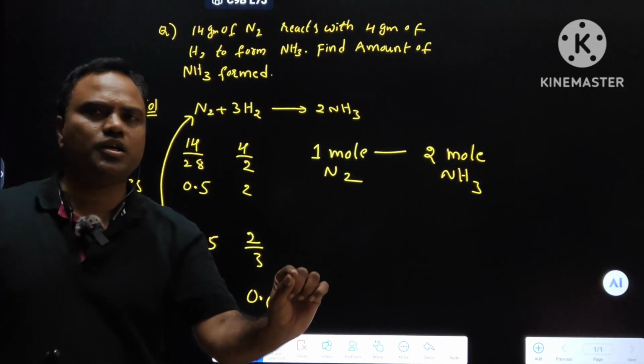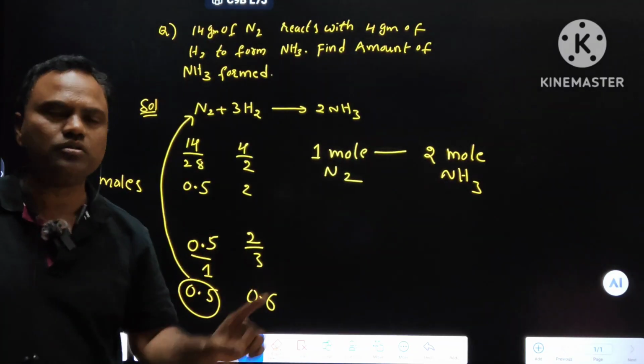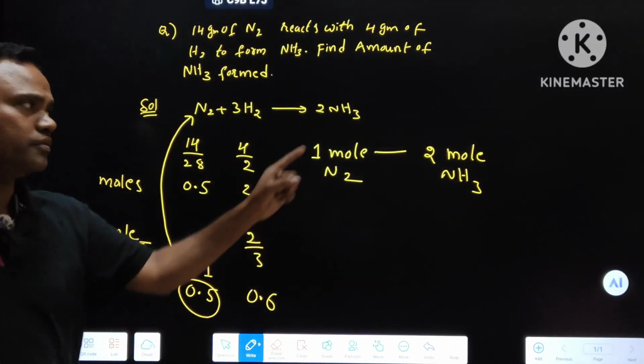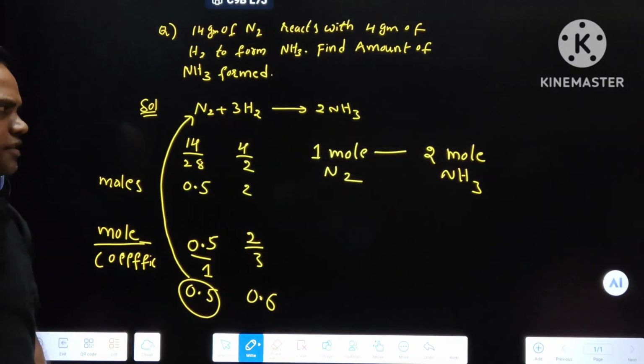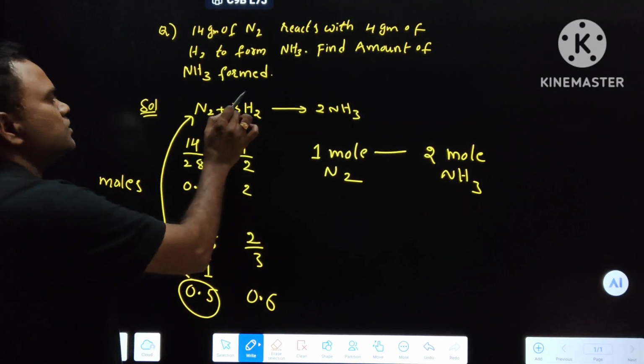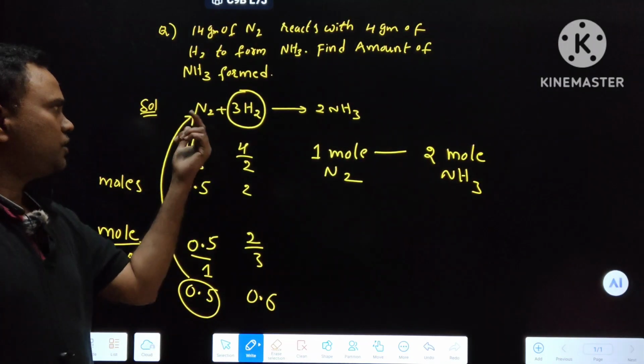According to the limiting reagent, we have to write the product moles in the standard balanced equation. We are ignoring this 3 moles because this is not the limiting reagent. Omit this.